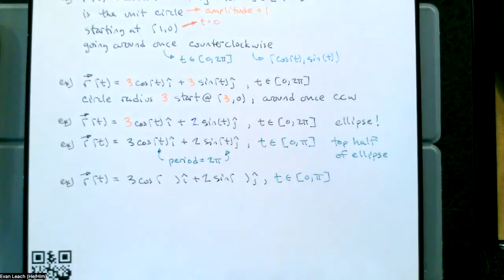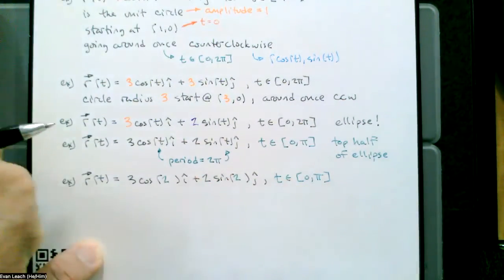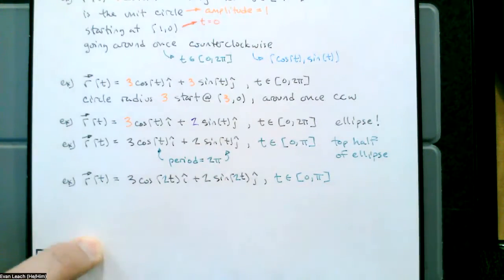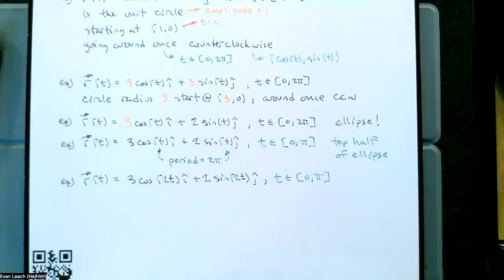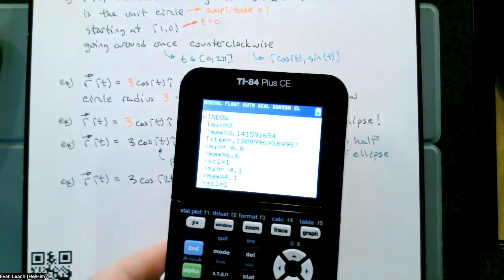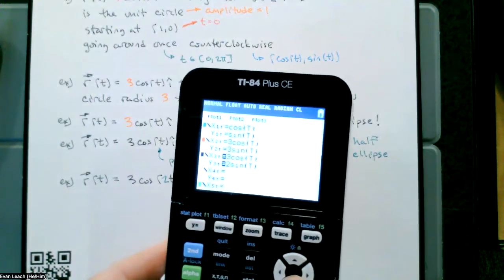I'm going to maintain that. But I'm going to go in here and put a coefficient of 2 on my parameter. So now I'm still only plugging in values from 0 to pi, but now I've adjusted the function.